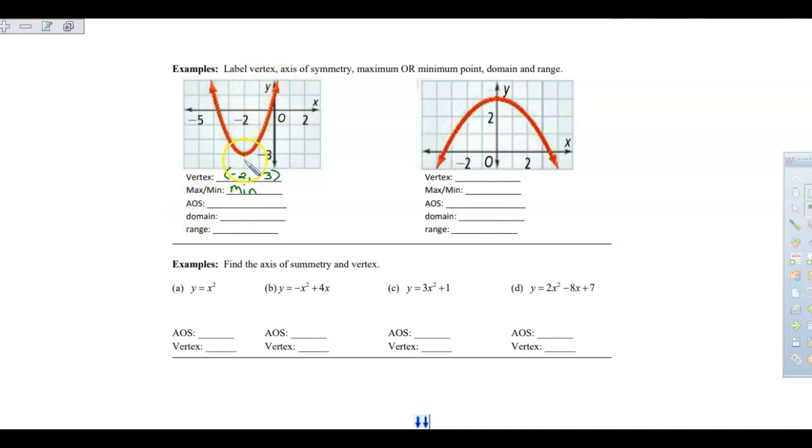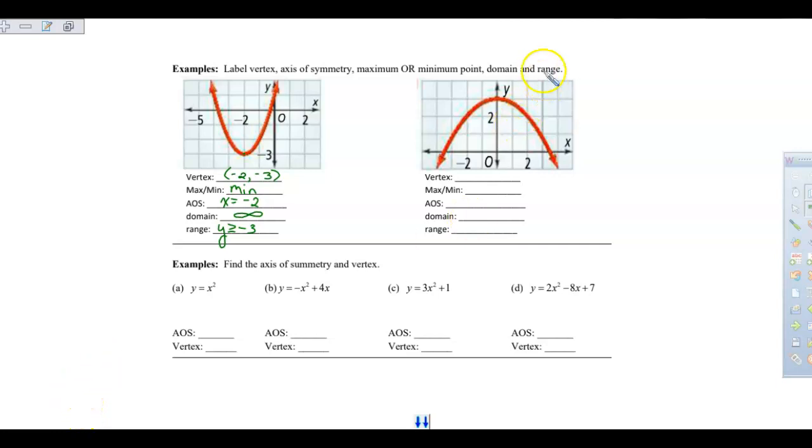The axis of symmetry is where x is at -2. The domain is all real numbers, or an infinite number of solutions, and the range starts at -3 and goes up. So y is greater than or equal to -3.